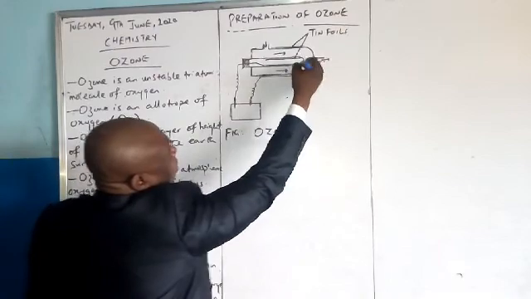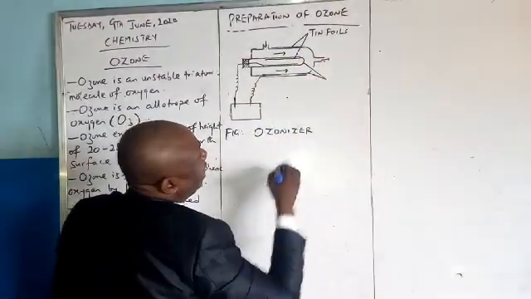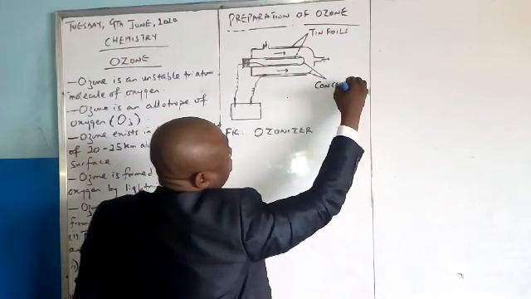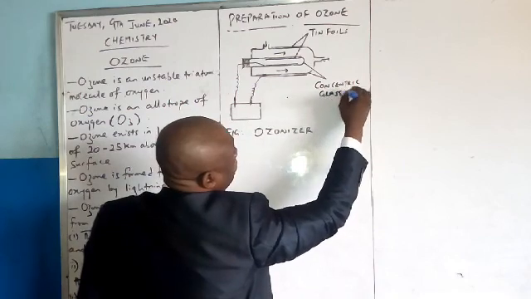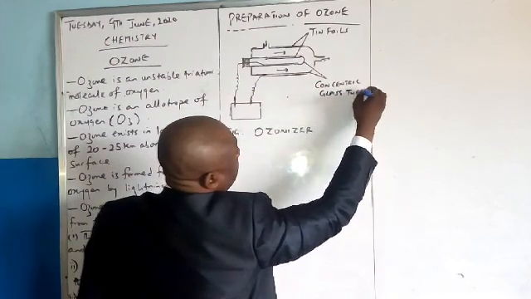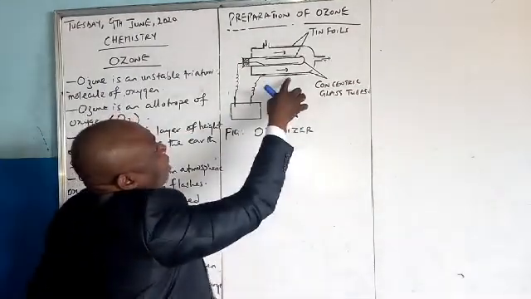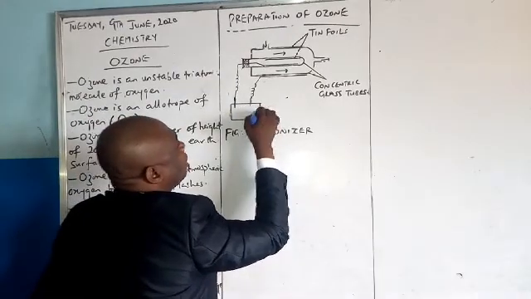Now, these other pieces of equipment we have are known as concentric glass tubes. The foils are connected to a source known as the induction coil.